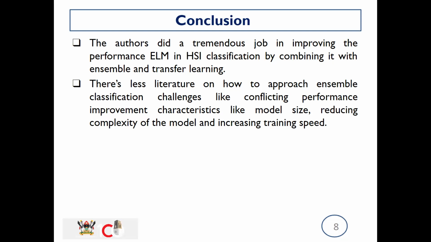But I kind of feel that there was less attention to challenges of using ensemble methods in classification. One of them being conflicting performance improvement characteristics like model size, reducing complexity of the model, and increasing training speed. So there was less attention given to ensemble classification based challenges.